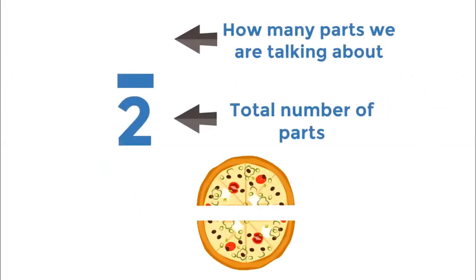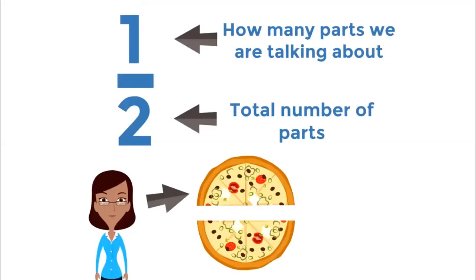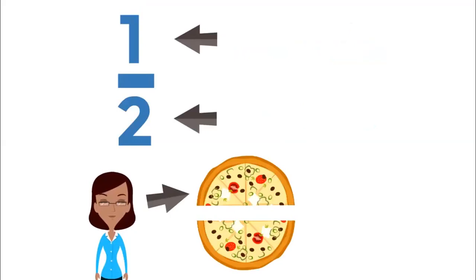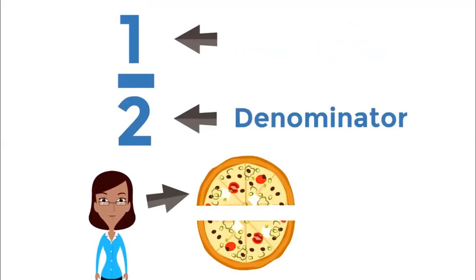So there's a 2 on the bottom, and Cindy just gets 1 part. That's the part we're talking about. So Cindy gets just 1/2 of the pizza. She doesn't get the whole thing. She gets just 1 part. She gets 1/2. The bottom number of a fraction is called the denominator. The denominator is the total number of parts.